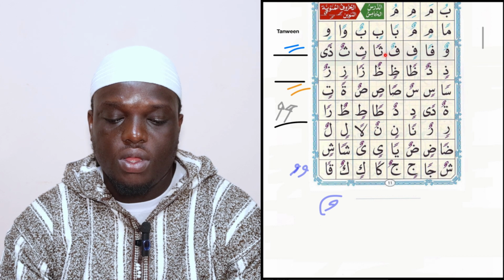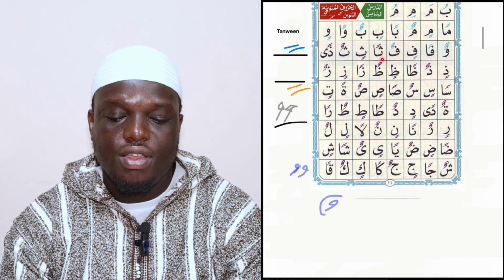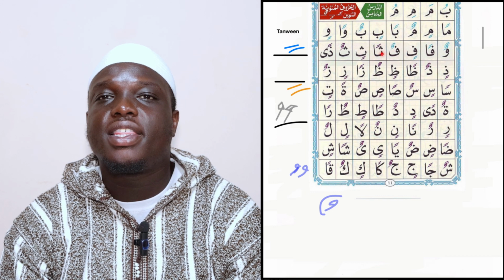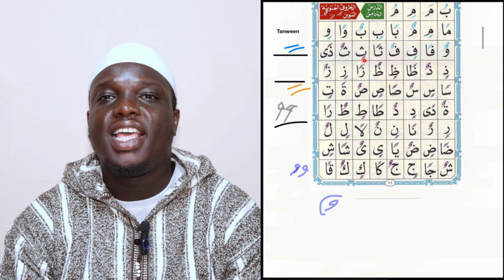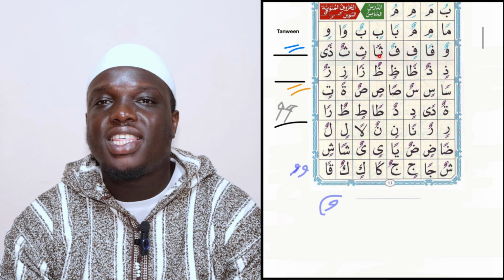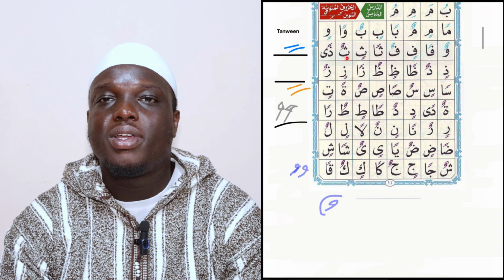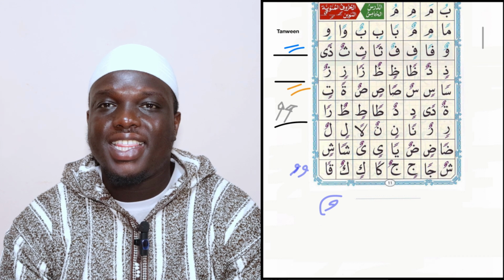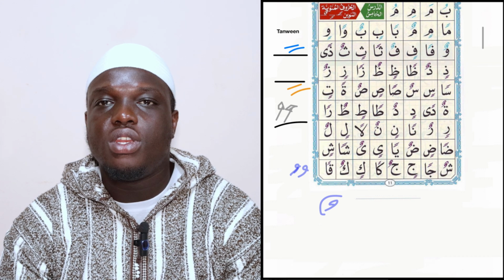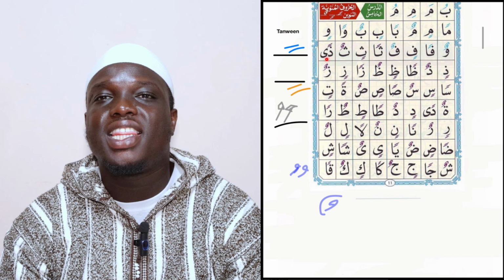We have letters, this is tha. So tha, fathatain is than. Tha, kasratain is thin. Tha, dhammatain is thun. Than, thin, thun. What letter is this? We said it is tha.